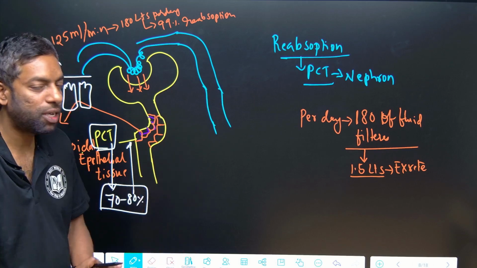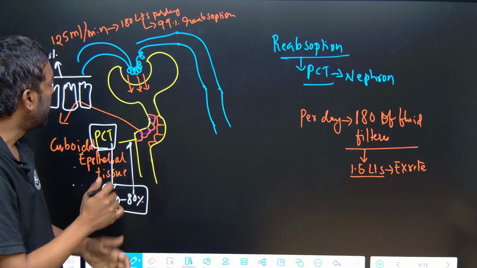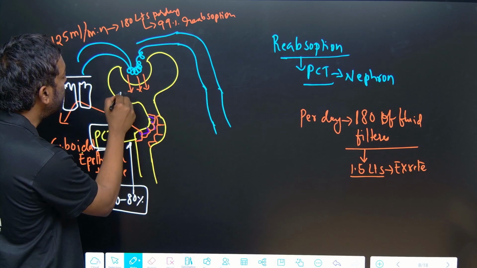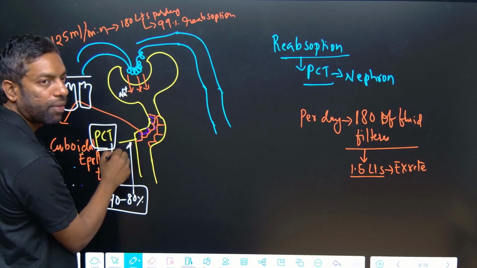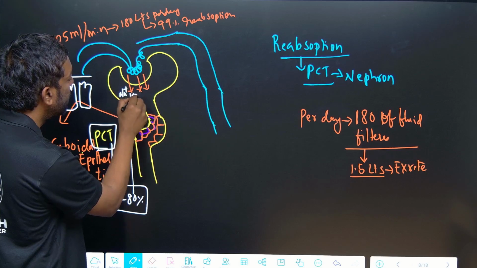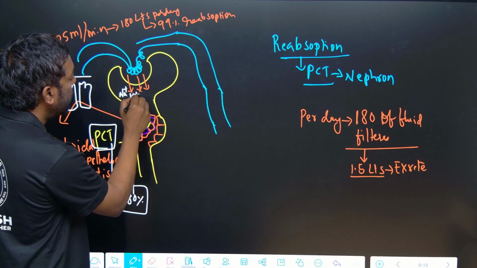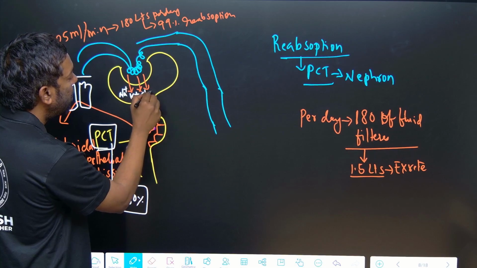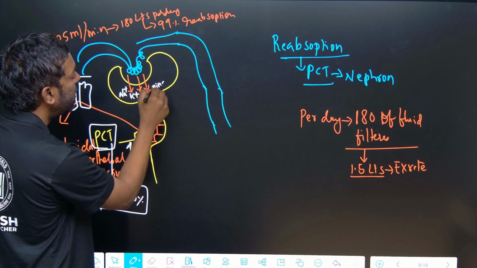What reabsorption is going to take place? The filtrate contains sodium, potassium, glucose, chlorine, different kinds of ions.